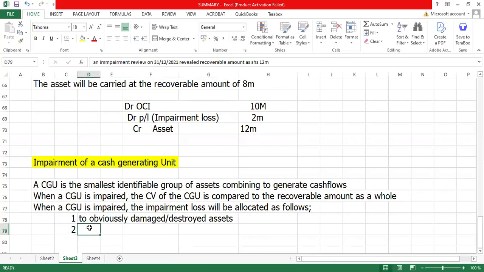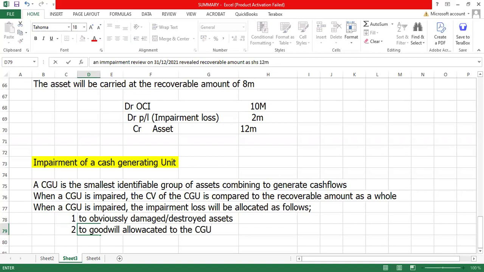Then number two, you allocate the next to the goodwill allocated. If you find that part of your CGU you have goodwill, then immediately allocate the impairment to this goodwill.